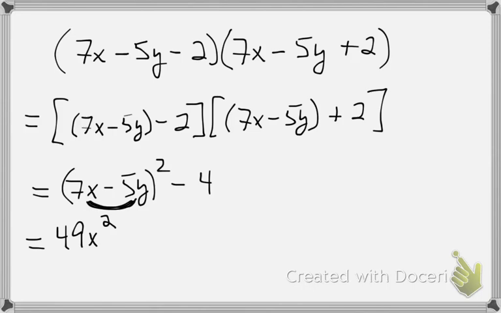Negative 35xy. Doubled would be negative 70xy. b squared would be 25y squared. And negative 4 just comes along for the ride. And now we're done.